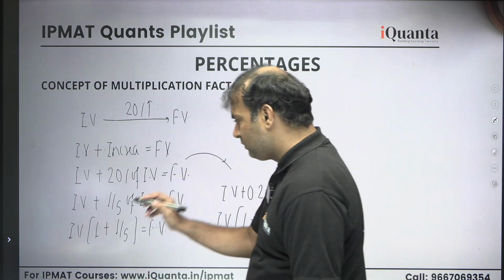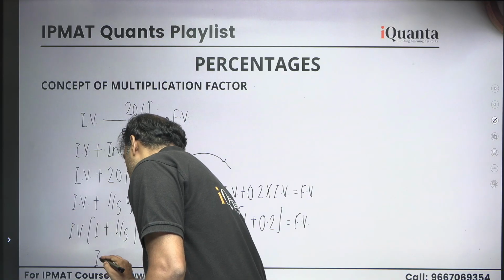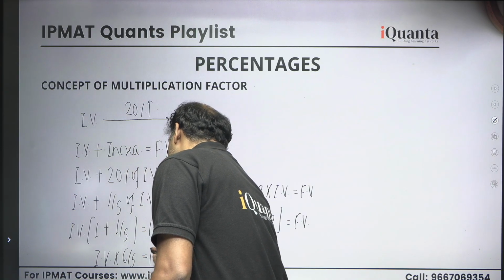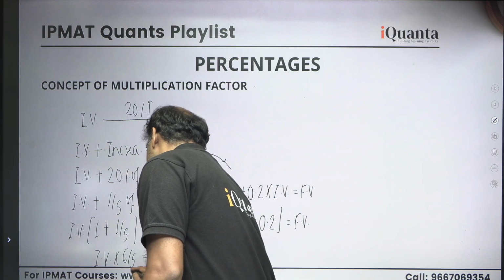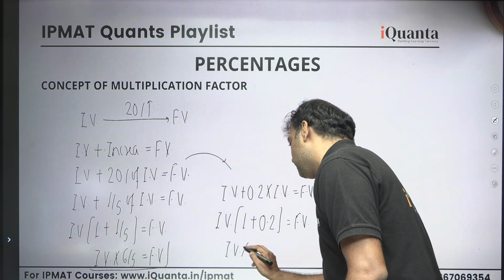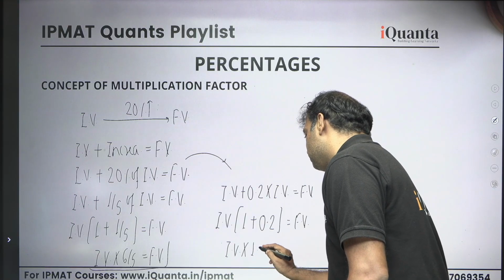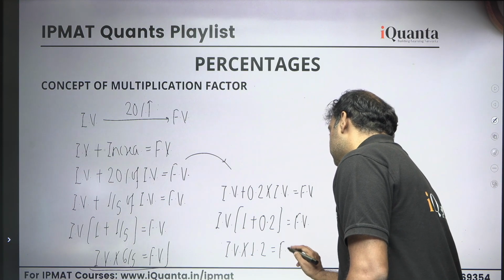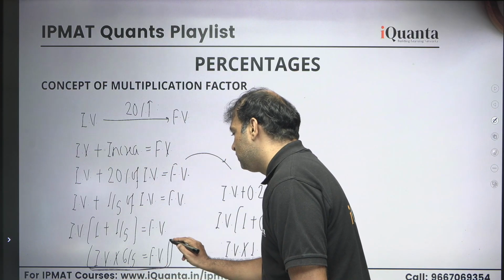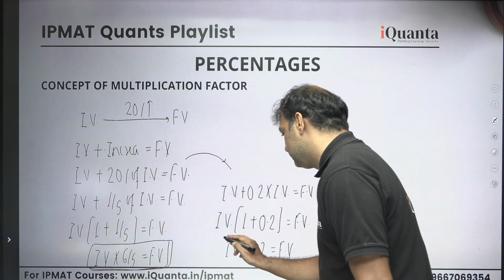Now 1 plus 1 by 5 is how much? We all know 1 plus 1 by 5 is nothing but 6 by 5, right? And in the second way, initial value into 1 plus 0.2 gives us 1.2, right? So these are the relations between initial value and final value, right guys?